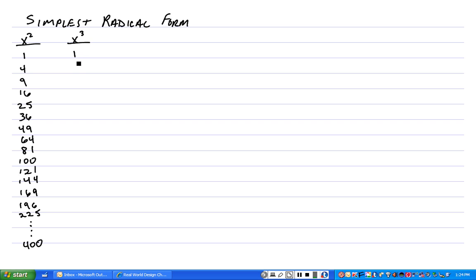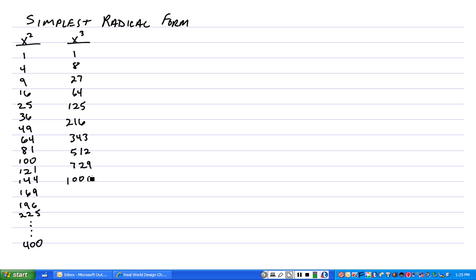So 1 cubed, 2 cubed, 3 cubed, 4 cubed, 5 cubed, 6 cubed, 7 cubed, 8 cubed, 9 cubed, and 10 cubed.